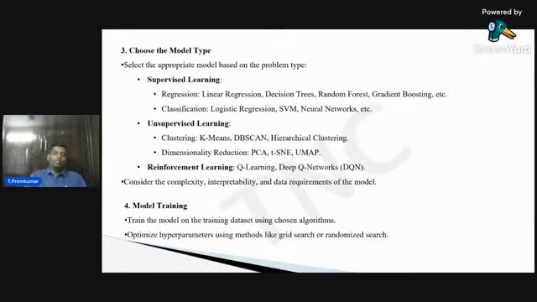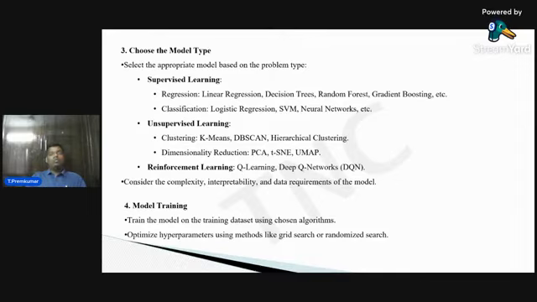Choose the model type, that is, select the appropriate model based on the problem type, that is, supervised learning, unsupervised learning, and also reinforcement learning. When you talk about supervised learning, for regression, linear regression, decision tree, random forest, and gradient boosting methods are used, etc. In the case of classification, logistic regression, SVM, as well as neural networks, etc., are used for the supervised learning process.